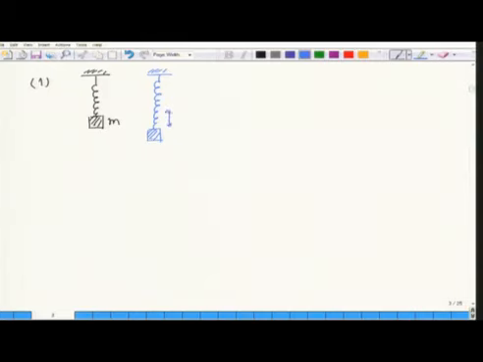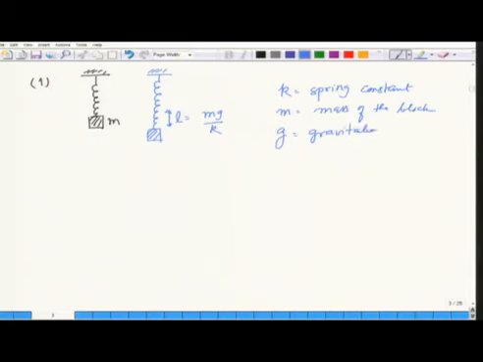Let us say it stretches by L, which is going to be mg by k, where k is the spring constant which we defined last time, m is the mass of the block and g is the gravitational acceleration. So, this mass comes down.